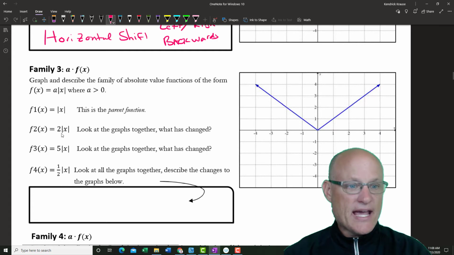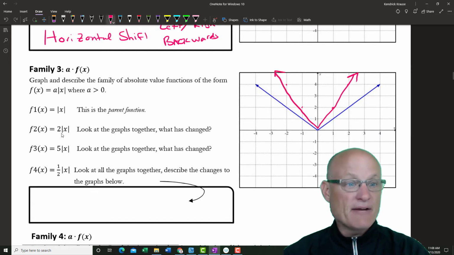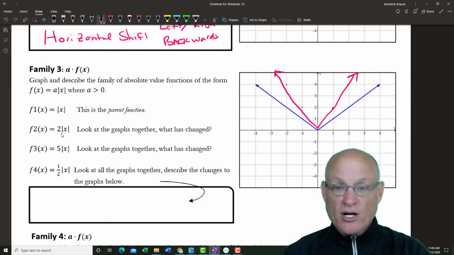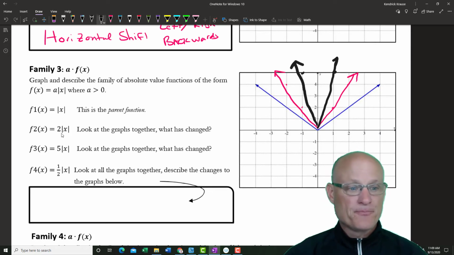So what's happening is, you're going to see it goes here, 2 and 2, and then 4 and 4, because that's being multiplied by 2. And then when you multiply by 5, it went up 5, and it got even steeper. Notice the rate of change is really drastically changed. It's getting much and much steeper.